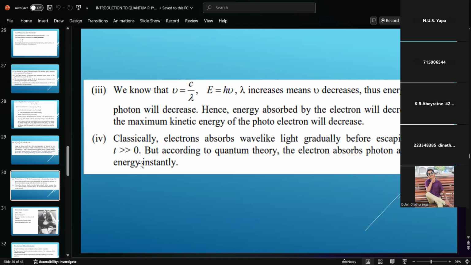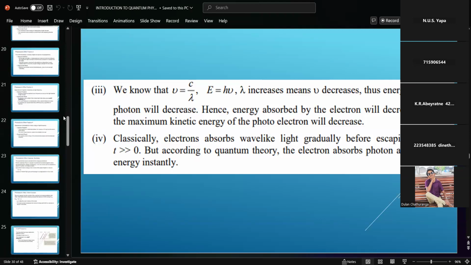Thus t is very much greater than 0. But according to the quantum theory, the electron absorbs a photon and gains energy instantly.